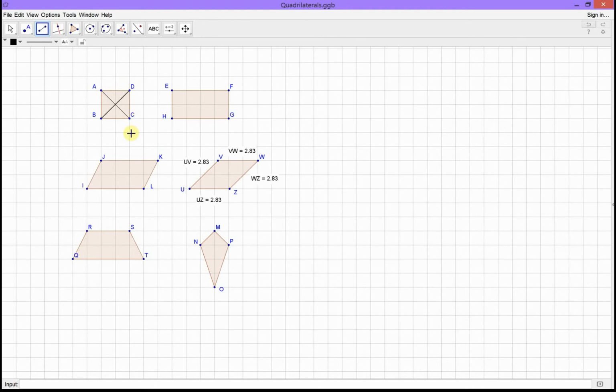It looks like they go through the middle of each other. When you go through the middle of a line, it's called bisecting the line. So we can say line AC bisects line BD, and line BD bisects line AC. So both of the diagonals here bisect each other, goes through the middle.